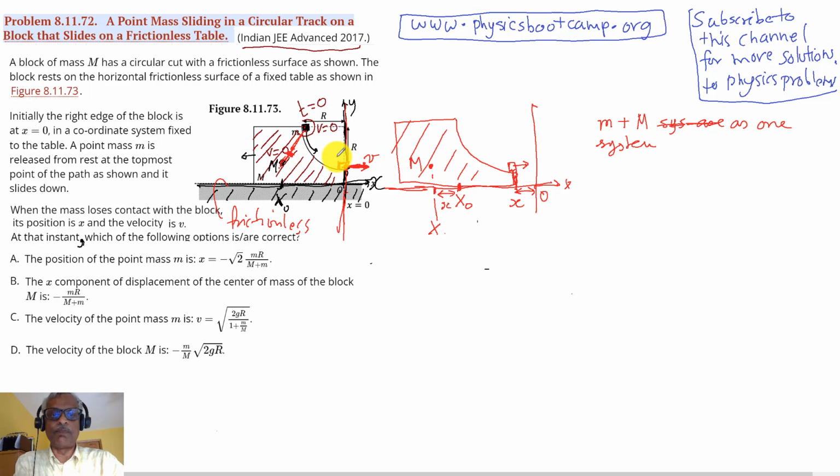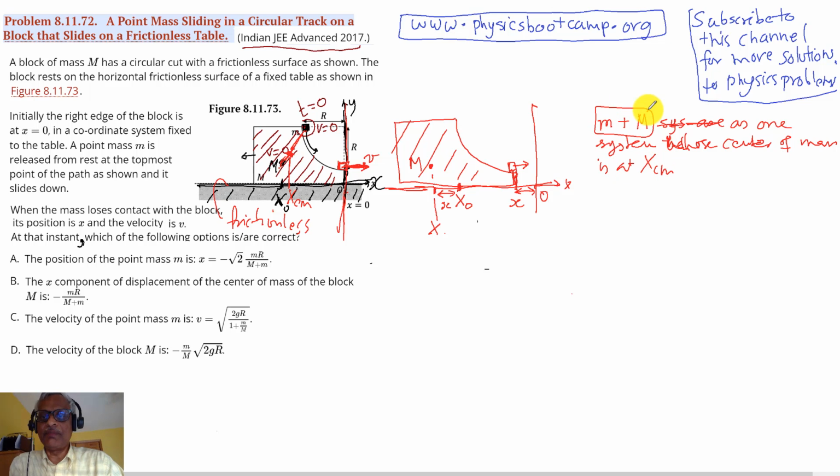Let's call it XCM of the one system whose center of mass is at XCM.